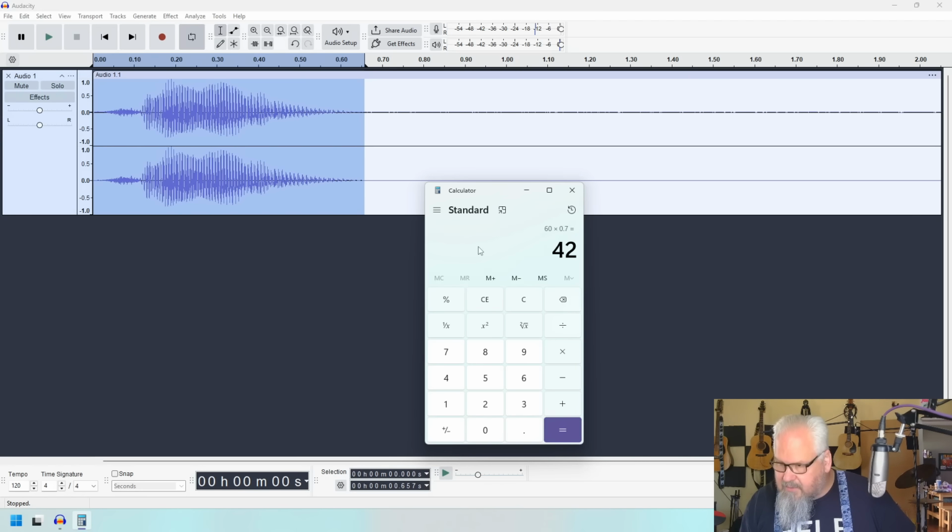Does that make sense? No. I don't think that makes sense. Because 60 divided by 42 is 1.42, so that means it's more than a second each one. So 60 divided by 0.7 is 85.